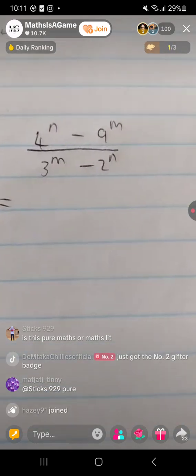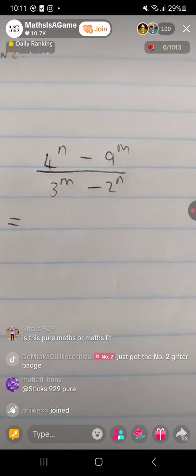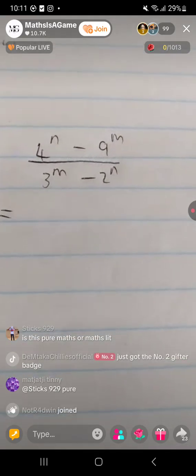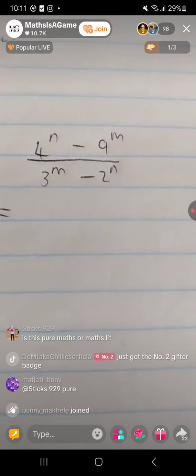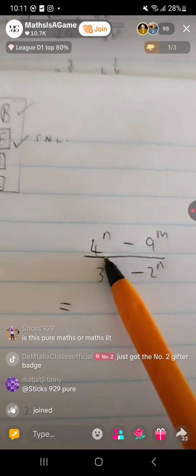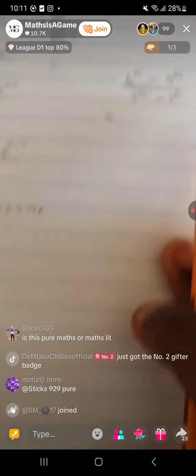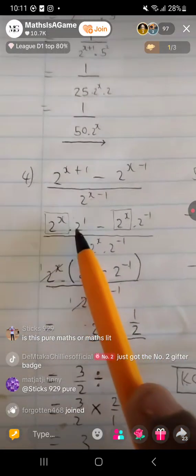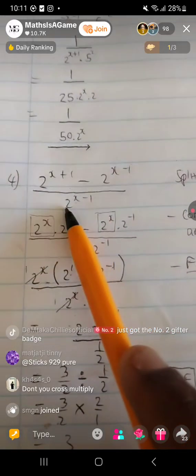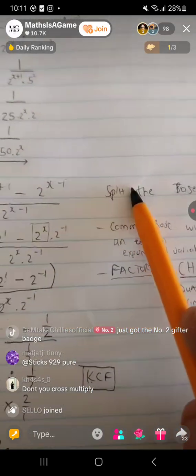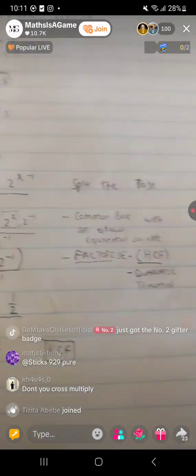Now, for this particular one, we always know in our heads, if there's a minus and a plus, there's going to be some type of factorization that has to be done. But with this problem, we can see 4 and 9 are not prime bases. Look at the previous problem. The base 2 was prime, which made it so easy for us to split, because we could see there's something common when it comes to factorization.